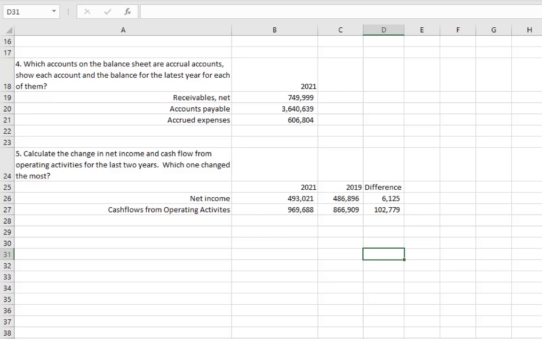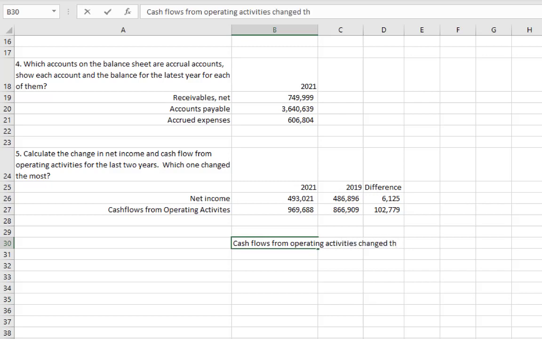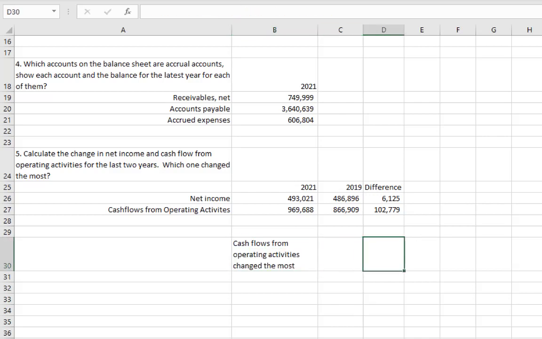Right here, we can tell that operating activities changed the most. So right here, I'm going to put cash flows from operating activities changed the most. And then I'm just going to word wrap it so it looks nice. And I'm done with that question.